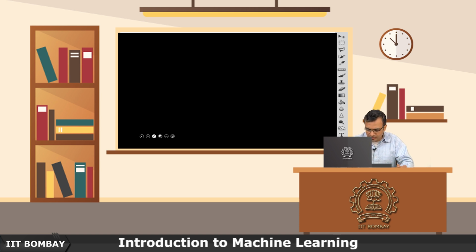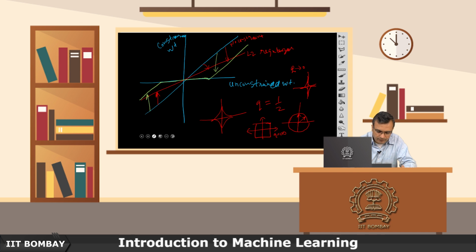L2 regularization is called ridge regression. The term L2 is synonymous with ridge penalty or ridge regression. It is also synonymous with Tikhonov regression, and with weight decay in neural networks.